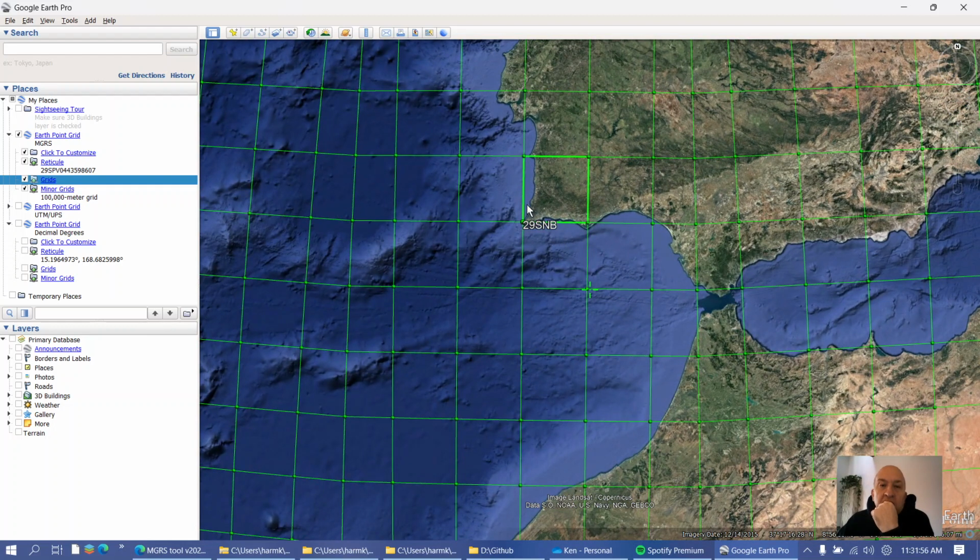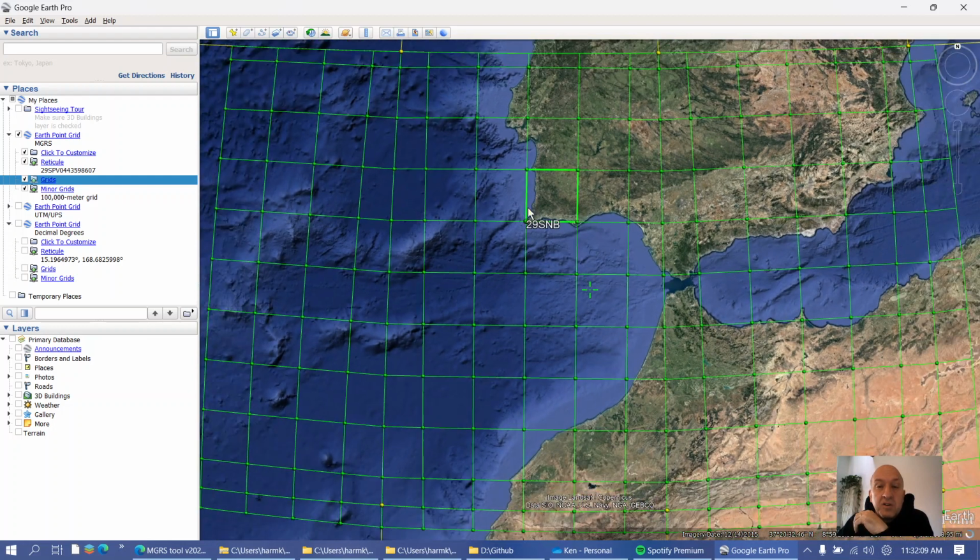The squares are tiles of the Earth. Each square is 100,000 meters by 100,000 meters, or 100 kilometers by 100 kilometers. And the way they're tiled is we make this line right down the center of the grid square.